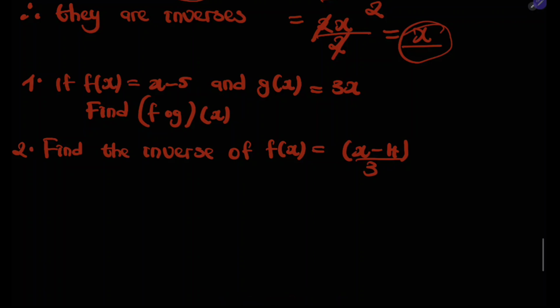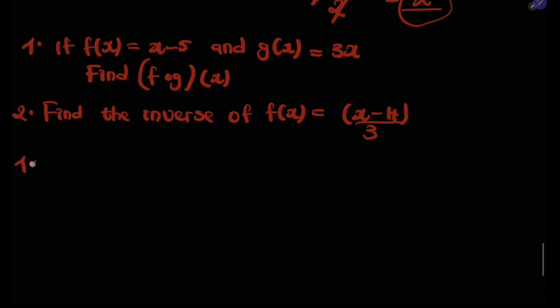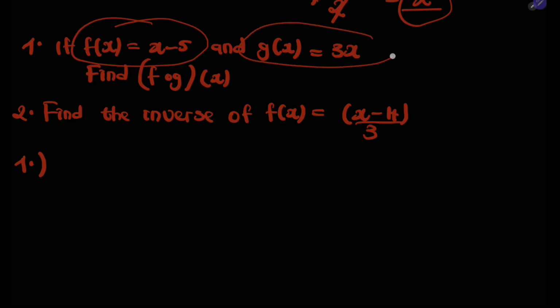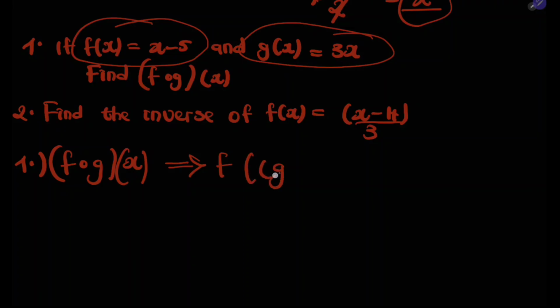Okay, let's take the first question. So our f of x is x minus 5 and our g of x is 3x. So here we are finding f of g of x. Remember I said f of g of x, we need to start by evaluating g of x and then taking the results and evaluating with f of x.